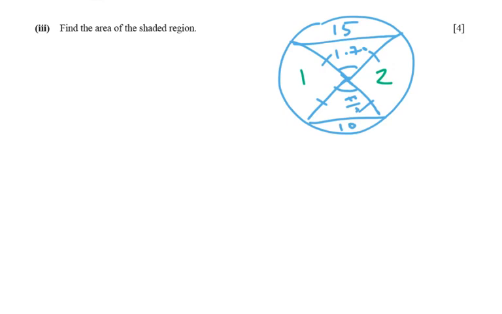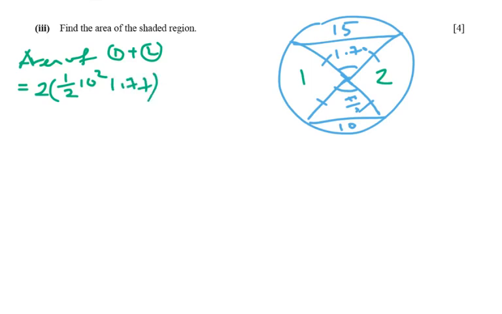Okay, how to find the area of 1 and 2? So area of 1 and 2 will be equivalent to the area of the sector. So 2 times 1 over 2, 10 squared, theta, which is equivalent to 1.77 as you have found in the previous question. Hence you are getting 177 for area 1 and 2.